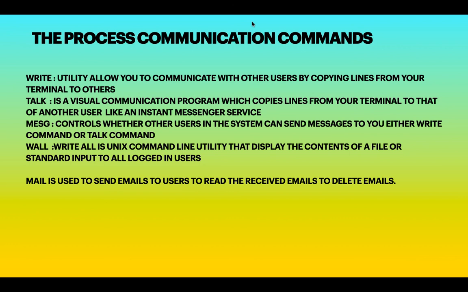So just concentrate on the process transition diagram. In chapter 9, a few important questions are: what are the different types of process used in Unix? That will be for your 5 mark questions. And what are the different types of file related commands in Unix? What are the different ways to create a file? Just have a look on that.